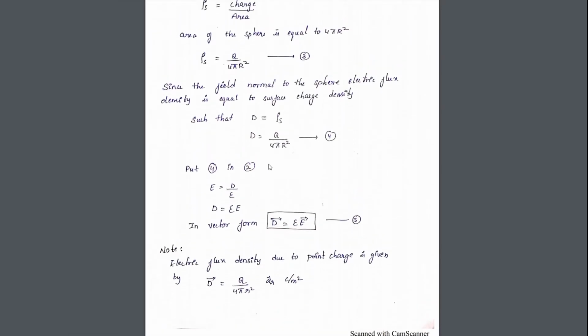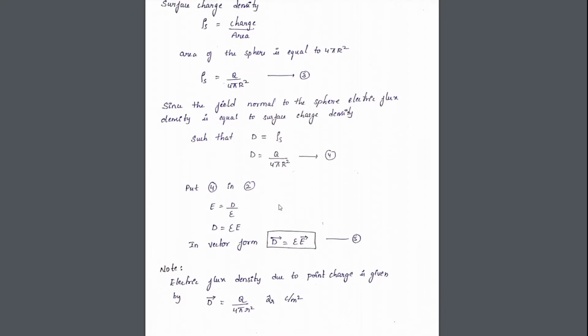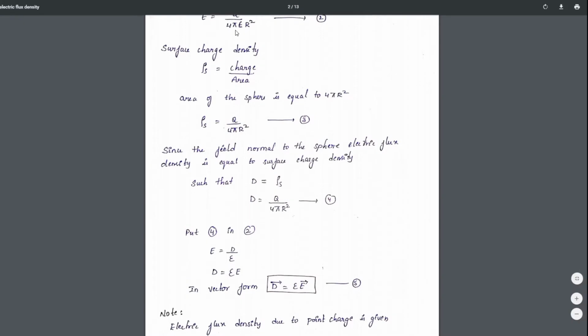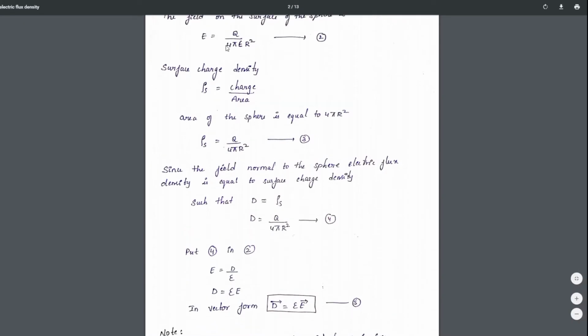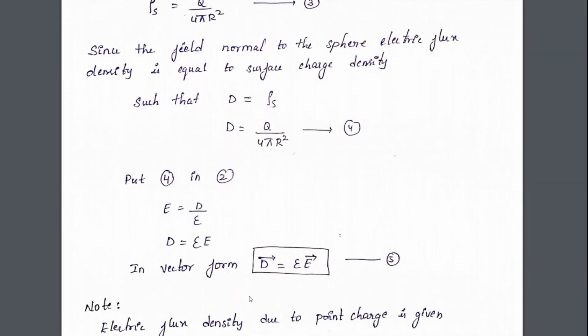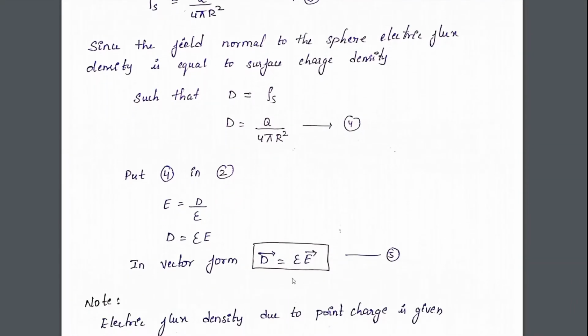So we get E is equal to D by epsilon. And if you cross multiply this, D is equal to epsilon into E. Since D and E are vector quantities, we express them in vector form, that is vector D is equal to epsilon into vector E.